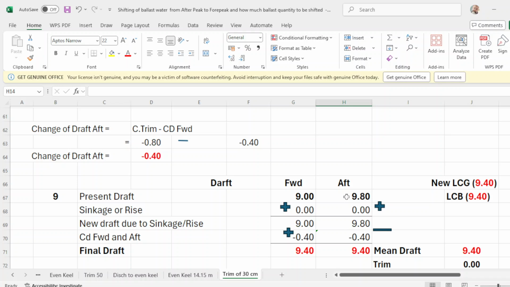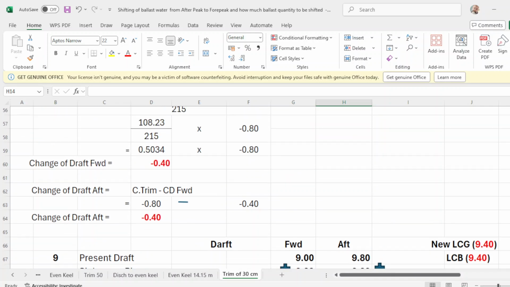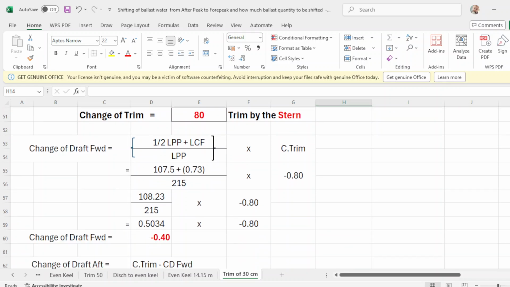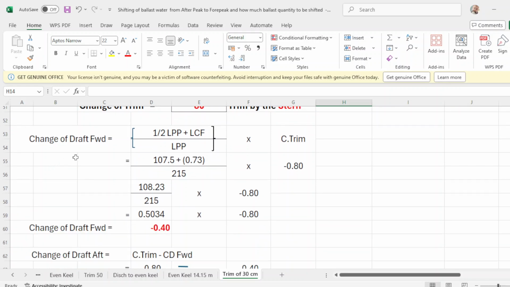Then bring down the draft. Forward is 9 meters, aft is 9.80. Then now we apply the change of draft forward and aft. So how do we get this change of draft forward and aft? This is the formula. Change of draft forward equals 1/2 LPP plus LCF over LPP times your change of trim.